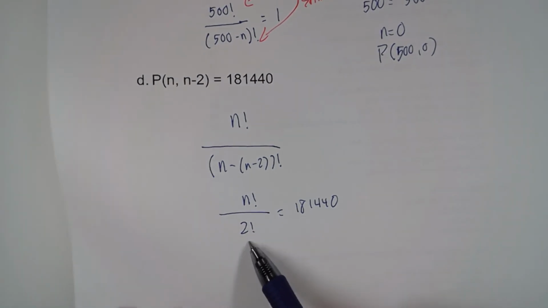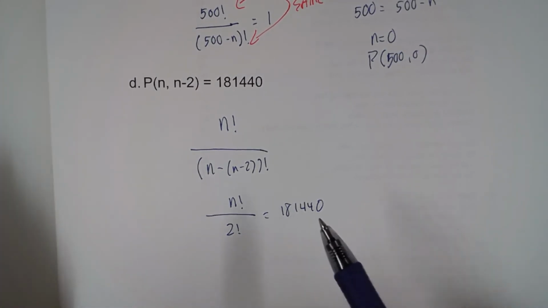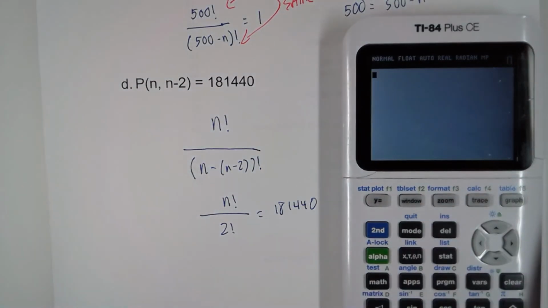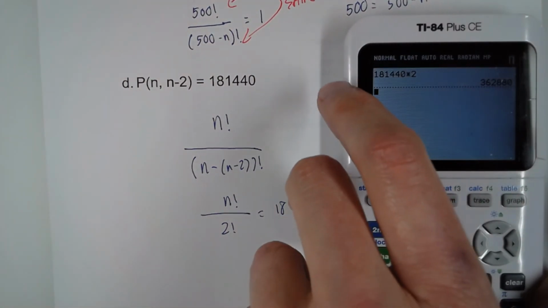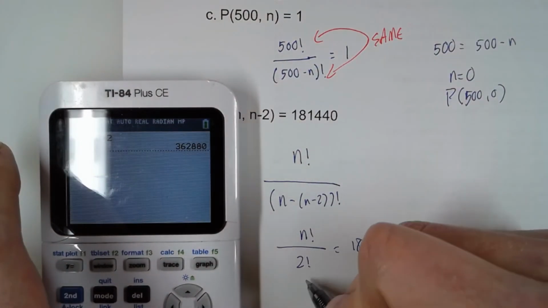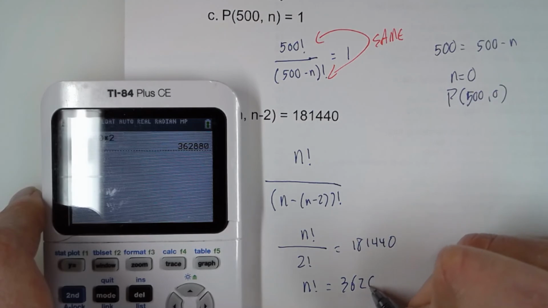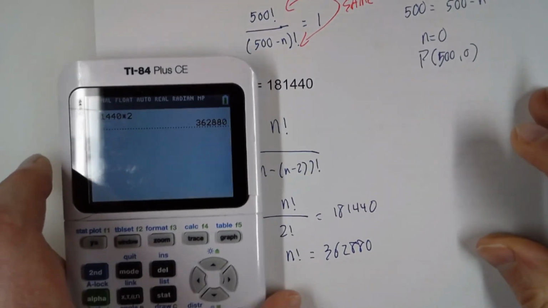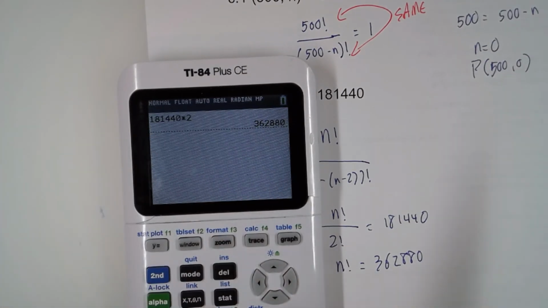Now 2 factorial is just 2 times 1. And I'm going to multiply that over to the other side. So 181,440 times 2 is 362,880. So some number factorial is 362,880.